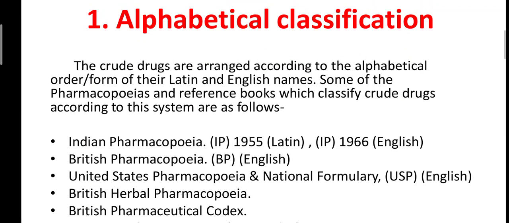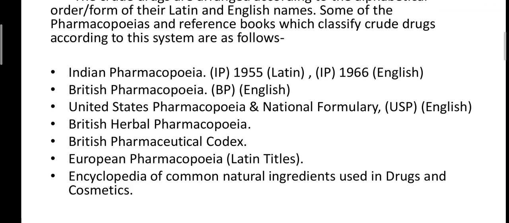First, alphabetical classification. The crude drugs are arranged according to alphabetical order from their Latin and English names. Some of the pharmacopoeias and reference books which classify crude drugs according to this system are as follows. Indian Pharmacopoeia IP, that means IP 1955 Latin, IP 1966 English.